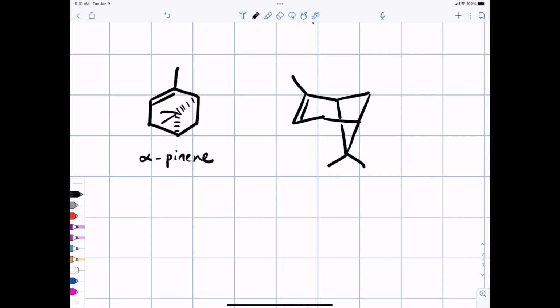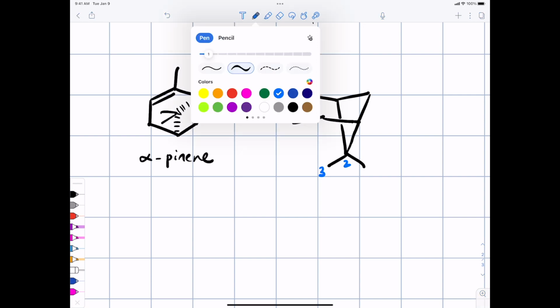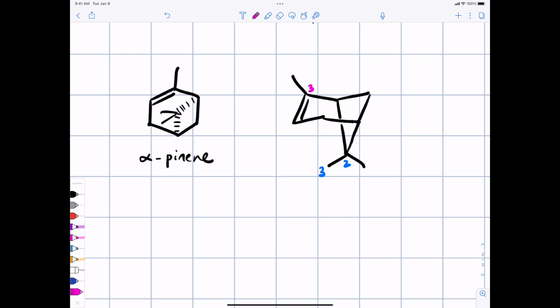Start by identifying the branching methyl groups and the carbons that are attached to them. Then see if you can figure things out from there. Here it makes sense for the carbon adjacent to carbon 2 there to be 1. 1, 2, 3.